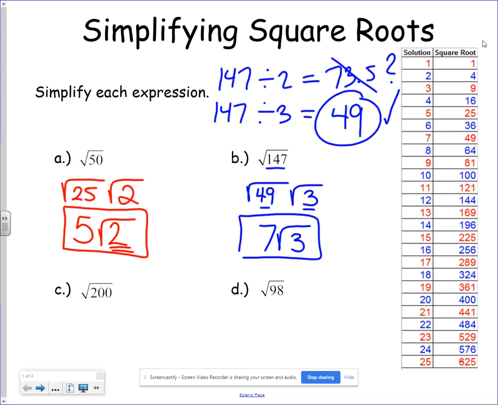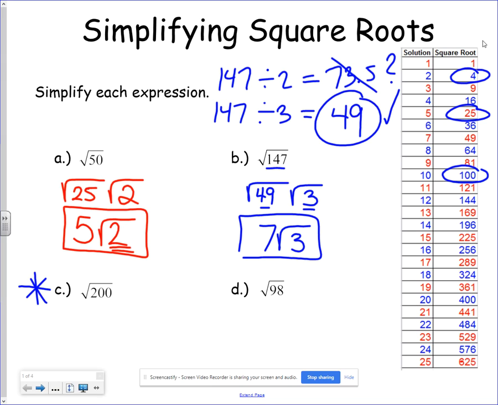Okay? All right, let's try C. Hopefully you're getting how to do these now. 200. Is 200 on my list? Is 200 a perfect square? It's not. So let's find a perfect square that divides into it. Well, 100 divides into it. 25 divides into it. 4 divides into it.